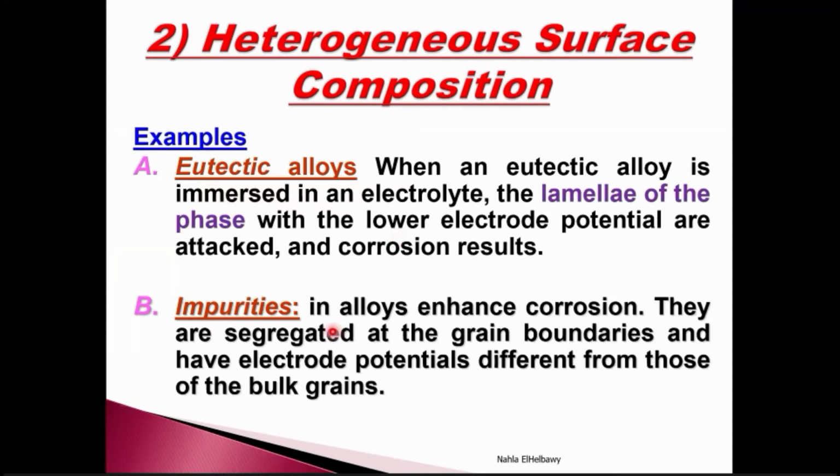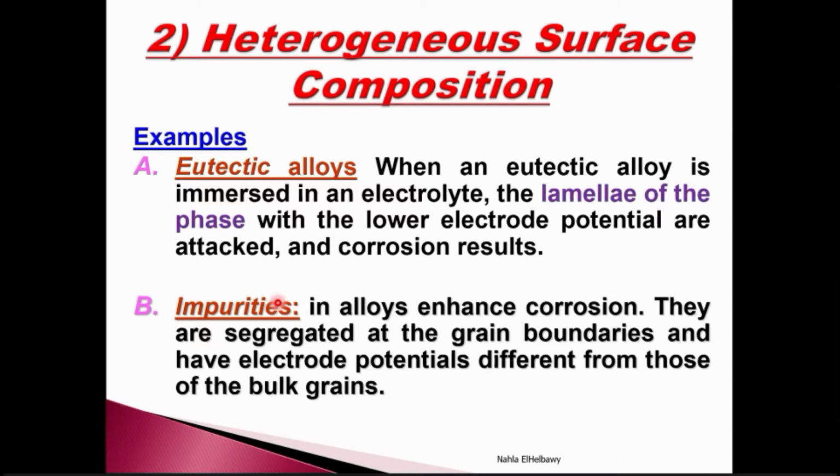Similarly, impurities also act to enhance corrosion. If you remember my previous lecture about grains and grain boundaries, the impurities are gathered in grain boundaries. So these are the areas of electric flow, because in the grain boundaries we have all the impurities gathered there, and the electrode potential is different from that of the actual metal grains.